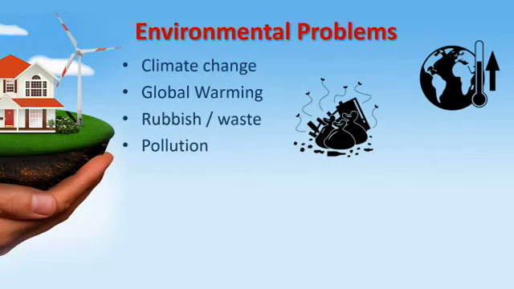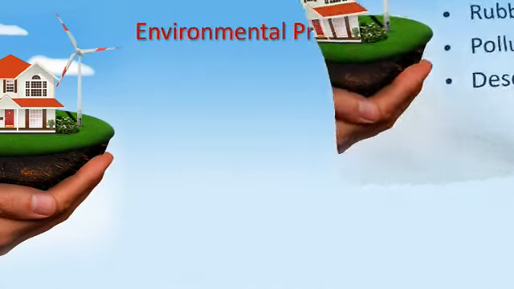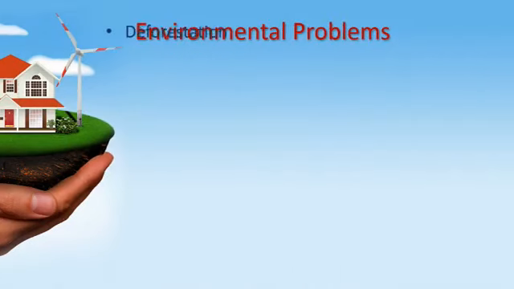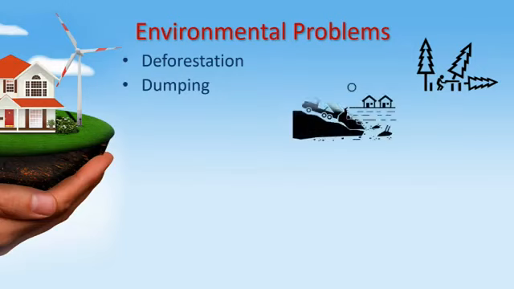Another problem is pollution with its different forms, like air pollution, land or water pollution. In addition to desertification. More problems are deforestation, which refers to cutting down trees. Another real problem is damping, which means creating more dams and throwing rubbish.